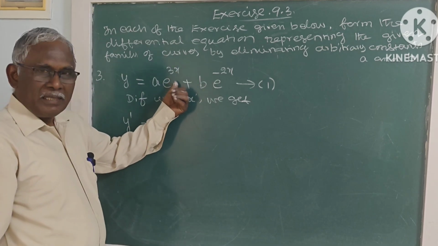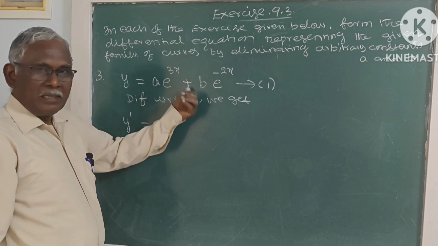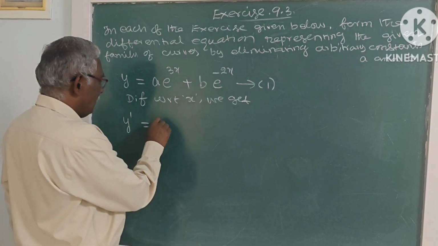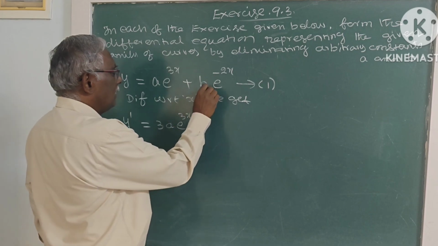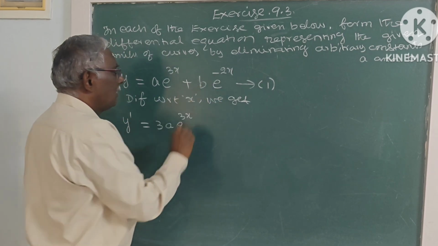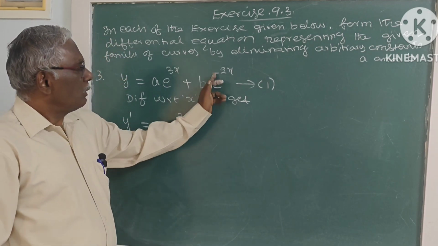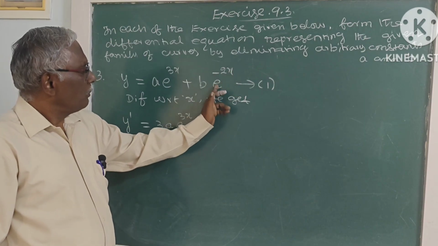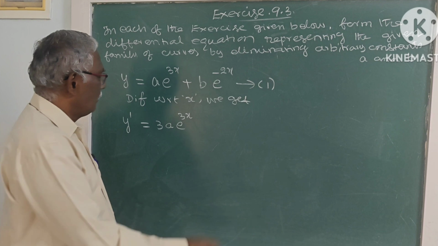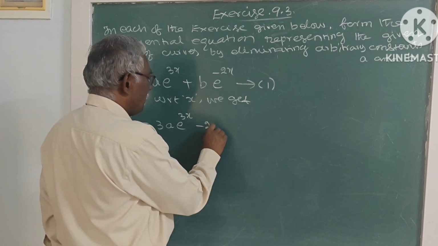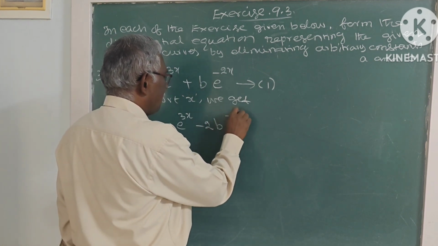Again 3x is there, we have to differentiate 3x, again we'll get 3. So it's equal to 3 times a into e power 3x. Here e power minus 2x is there. So if we differentiate e power minus 2x, again we have to differentiate minus 2x, we will get minus 2. So minus 2b e power minus 2x.